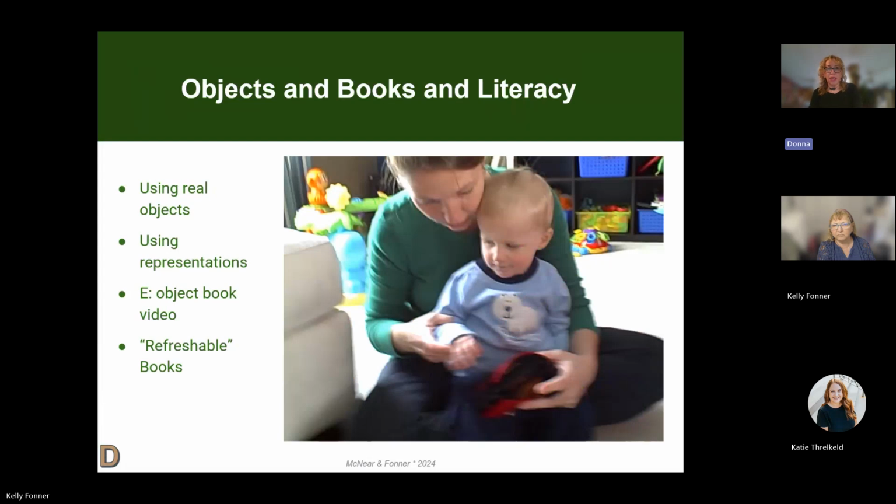And this happens to be the theme in this book that the mom is using with her son is transportation items. So you're going to hear a voice in the background. That's his older brother. And it's just a great little example of the tactile learning channel and using it for literacy.